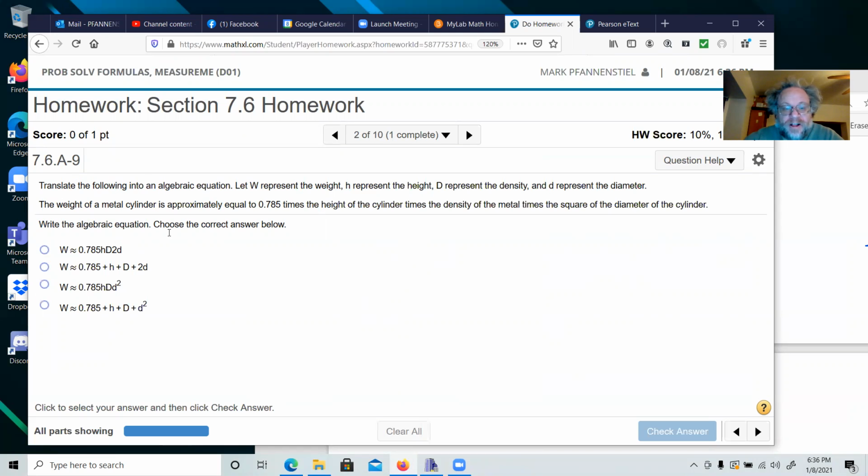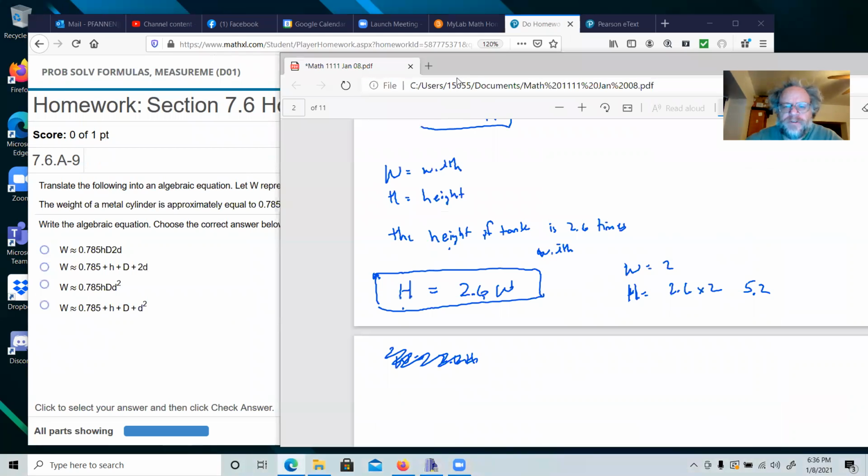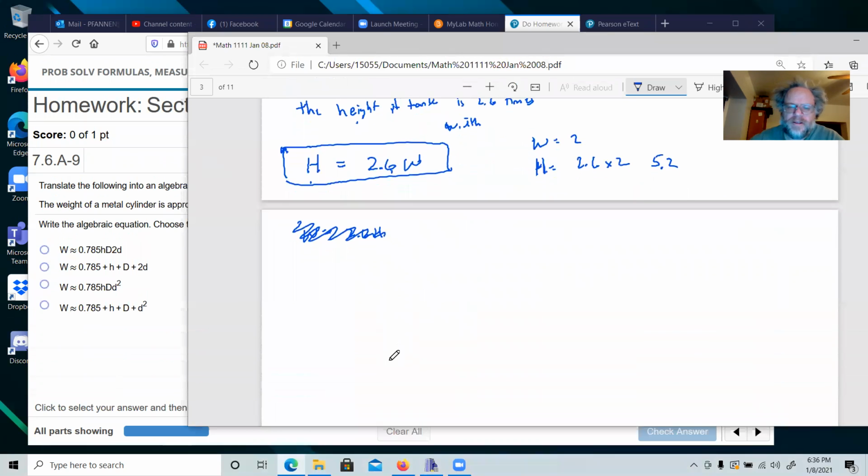So translate the following into an algebraic equation. This is the next problem up, so it should be a little bit harder. We're going to let little h represent the height, big D represent the density, and little d represent the diameter. So W is equal to the weight.